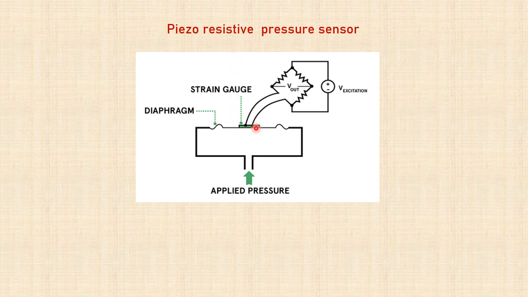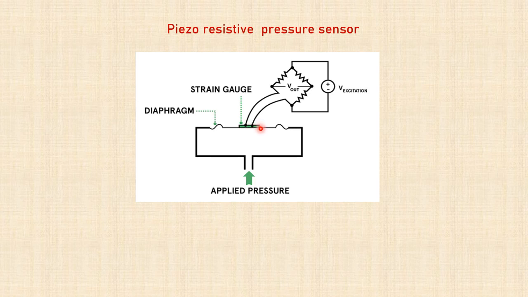We have a strain gauge here on this diaphragm. So this is the diaphragm. So we are applying pressure here. Because there is a pressure difference on either side of this diaphragm, the diaphragm moves. There is a mechanical deformation in the diaphragm. Now this diaphragm is coupled with this strain gauge.